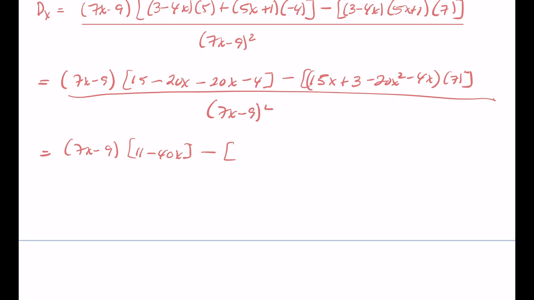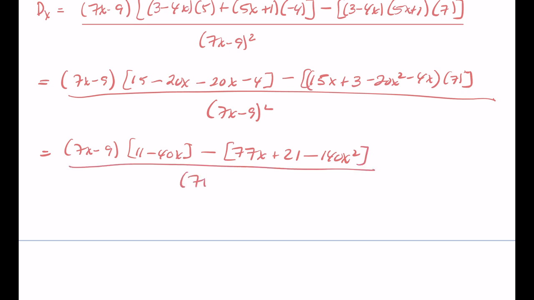Oh, actually, let me combine something first. 15x minus 4x is 11x. 11x times 7 is 77x. And then 7 times 3, and then 7 times negative 20. And then we're going to FOIL again.